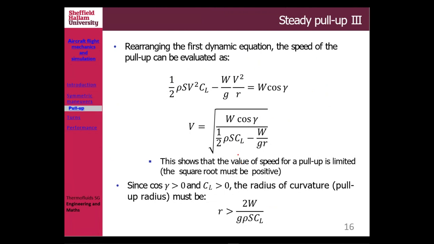Now, if we talk about how much velocity you need to do the pull-up, you could evaluate from these equations. Obviously, this is the lift, right? So if you remember this, half rho V squared S C_L is the lift. From the first equation, you could rearrange that to get your V, which is how much velocity your aircraft needs.